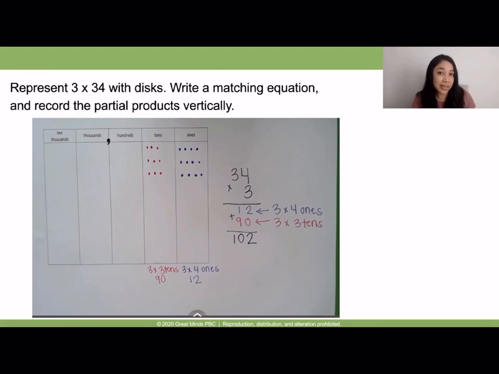Can we change to make larger units? Yes, we can change 10 ones for 1 ten, and then we'll have 10 tens, which we can change for 100. Do this with me now.